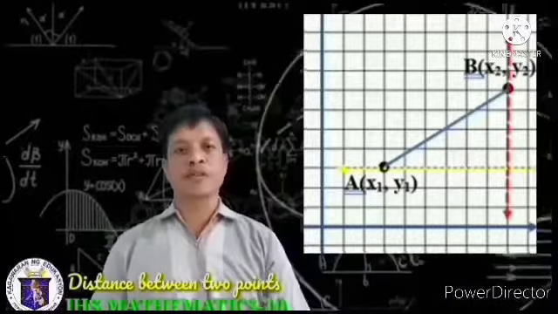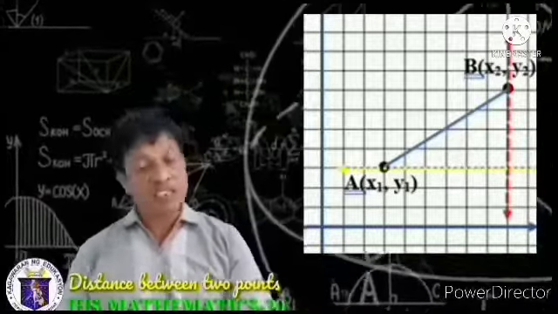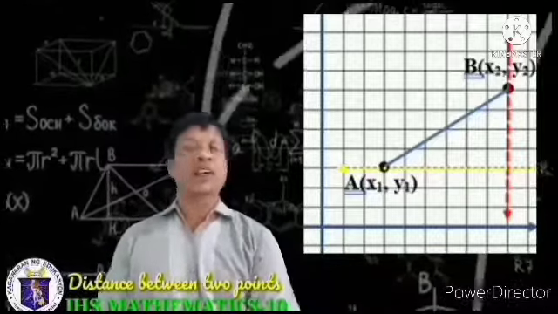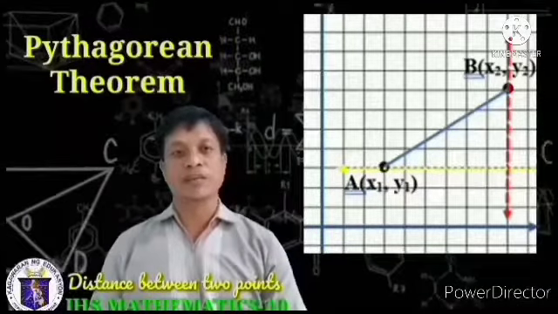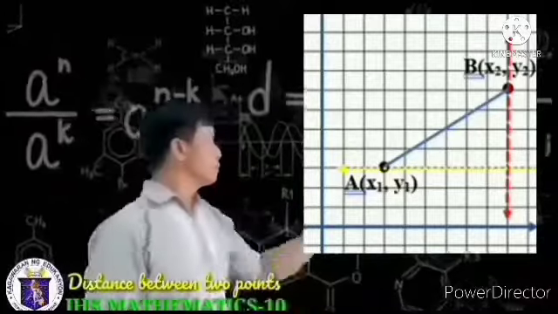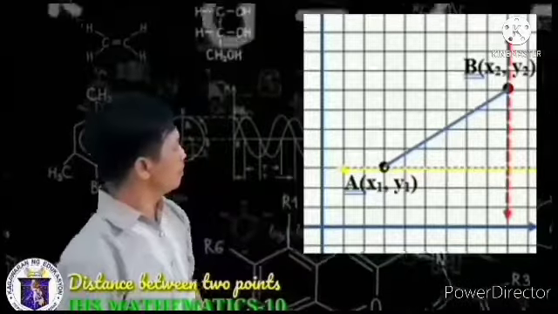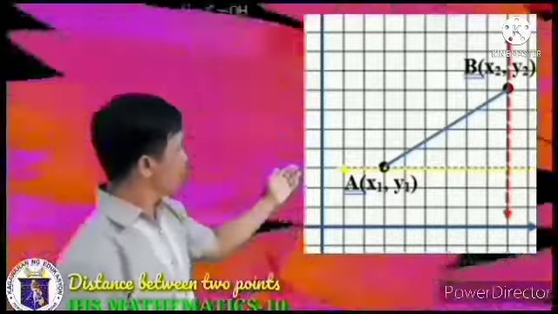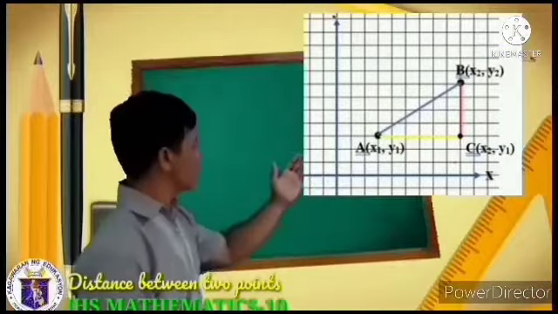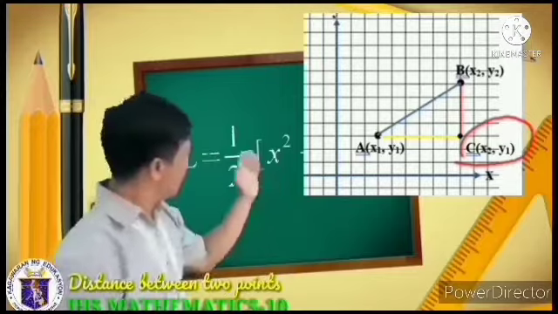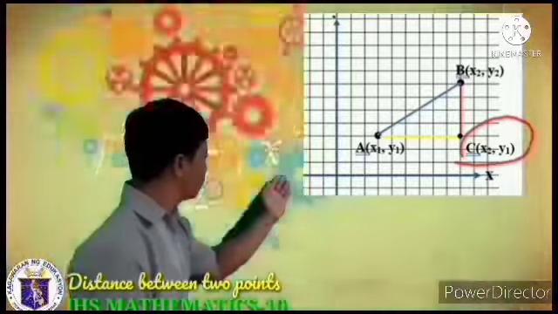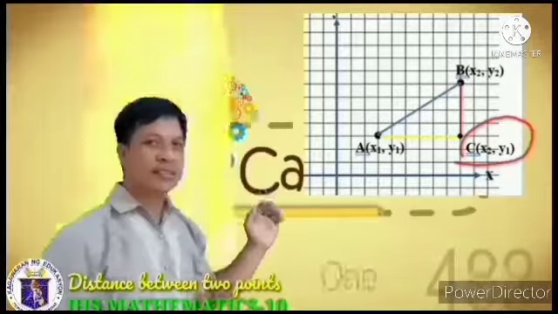Since the figure's form is right triangle, what shall we do next? Okay, we are going to apply the Pythagorean theorem to it. From the figure form, we name the third point as point C. So, its coordinate must be x sub 2, y sub 1.